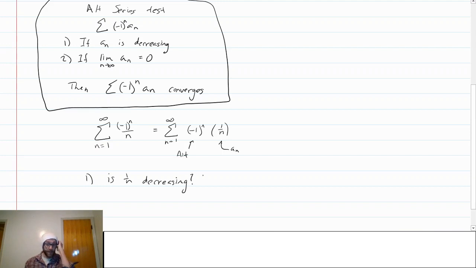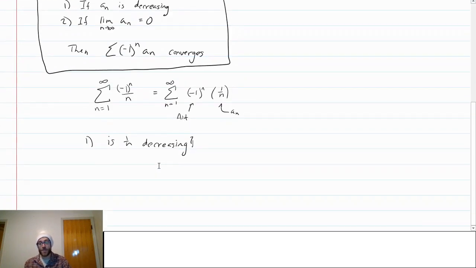Okay. And remember, it doesn't matter if it increases, then decreases, then increases, then decreases, and then it keeps decreasing forever. What we need to know is what happens at that end. So it can have a couple of bumps in the middle, but as long as it's eventually decreasing at the tail end, we can work with this. So we first want to know, is 1 over n decreasing? So how do we know if a function is decreasing?